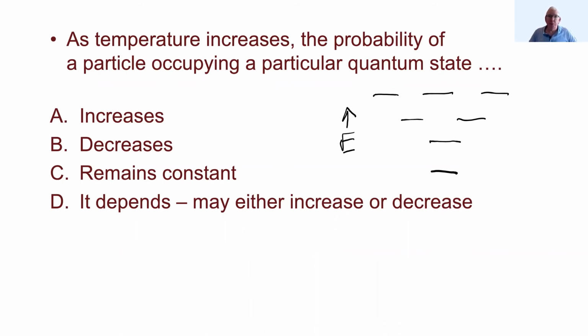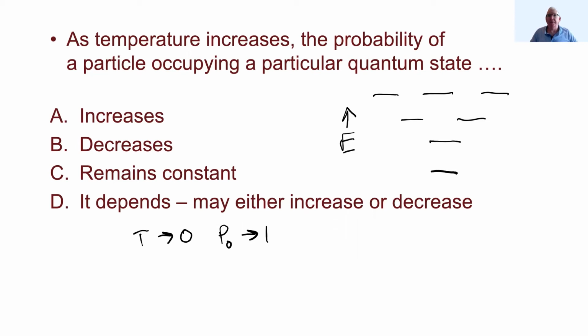Suppose I start off at very low temperature. As the temperature goes to 0, all of my population, all of my probability is supposed to congregate in the bottom state. Down here, I just have 1. So as temperature goes to 0, the probability for the ground state, P0, has to go to 1.